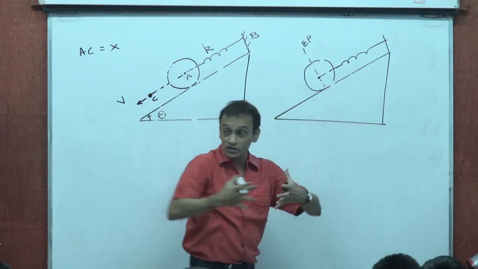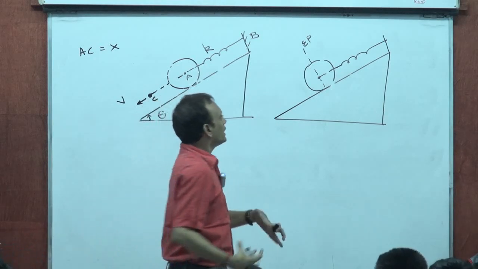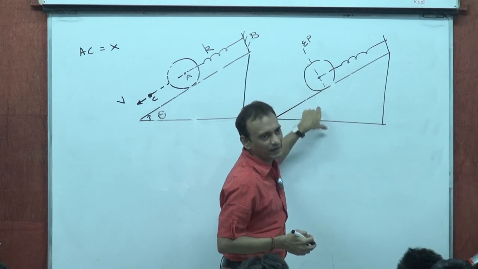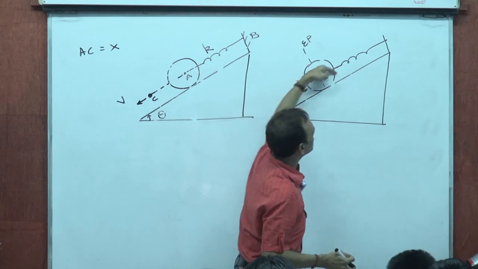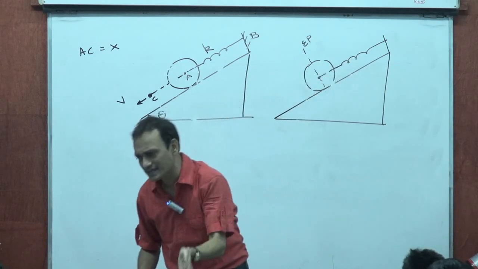The spring obviously was elongated in this state. The spring was already elongated, and the forces acting were the spring force, static friction, mg cos theta, mg sin theta, normal reaction, etc. And mg sin theta, spring force, frictional force together produce equilibrium, both translational as well as rotational.